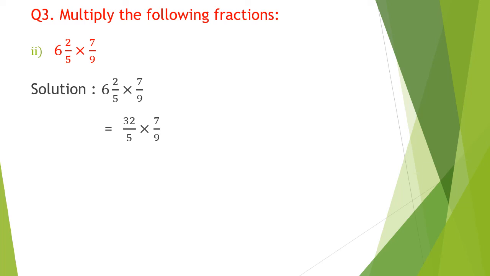If we apply the rule, that is product of numerators upon product of denominators, we get 32 multiplied by 7 whole divided by 5 into 9. That gives 224 divided by 45, which is an improper fraction. We have to convert it into a mixed fraction, which gives 4 integer 44 upon 45.